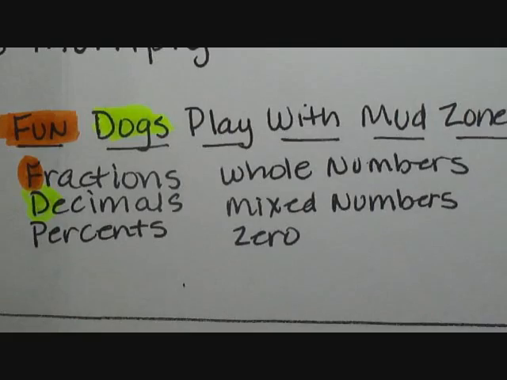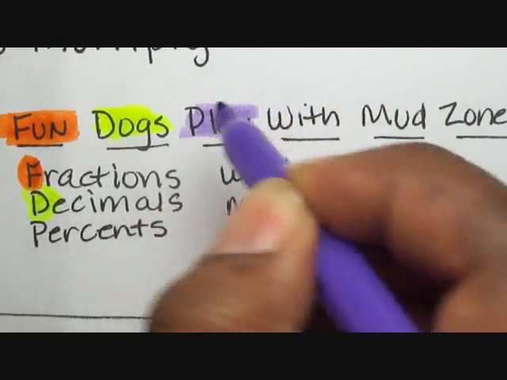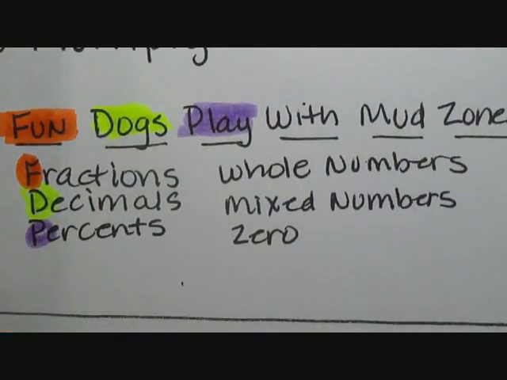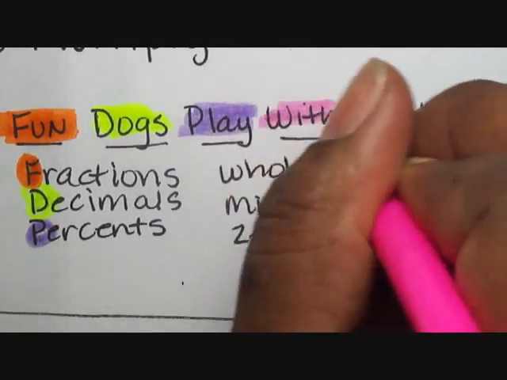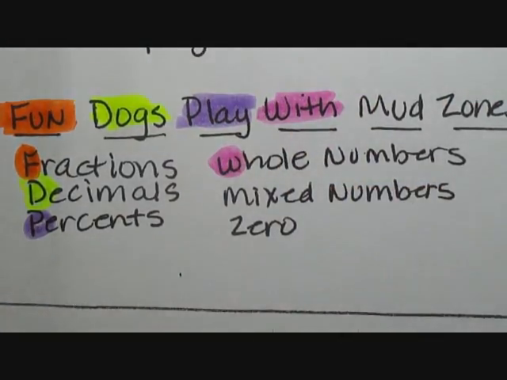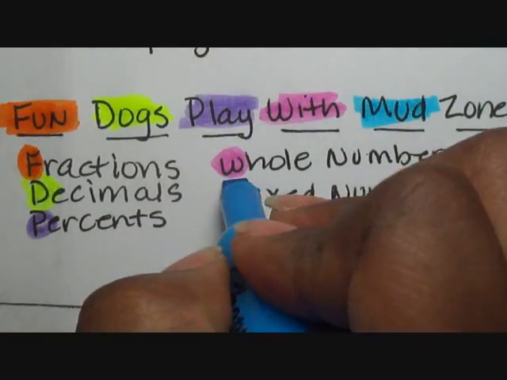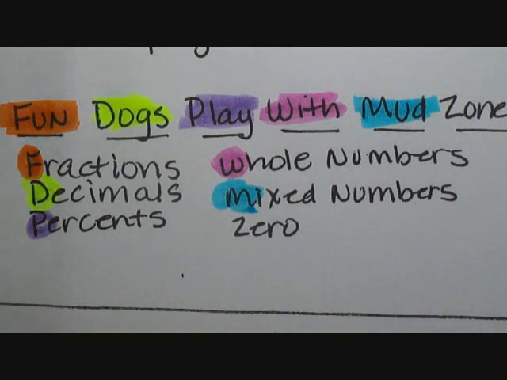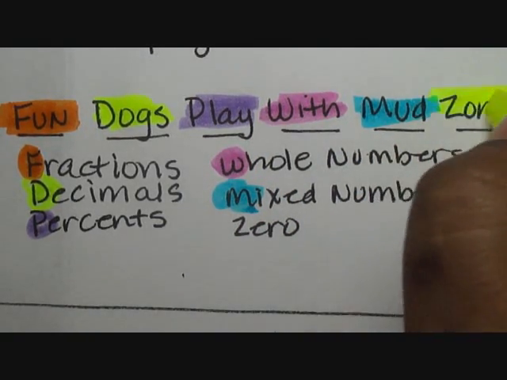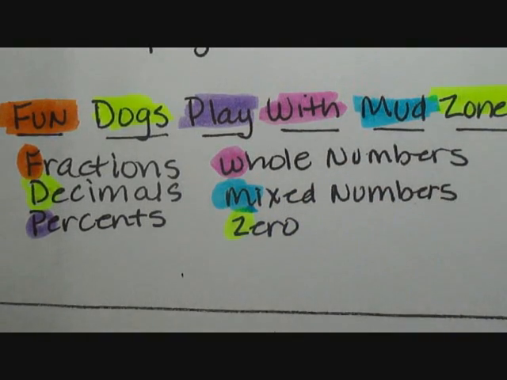The next one, play, starts with P, a percent, with W for whole numbers, mud, M for mixed numbers, and finally zones, that's going to be the Z for 0.